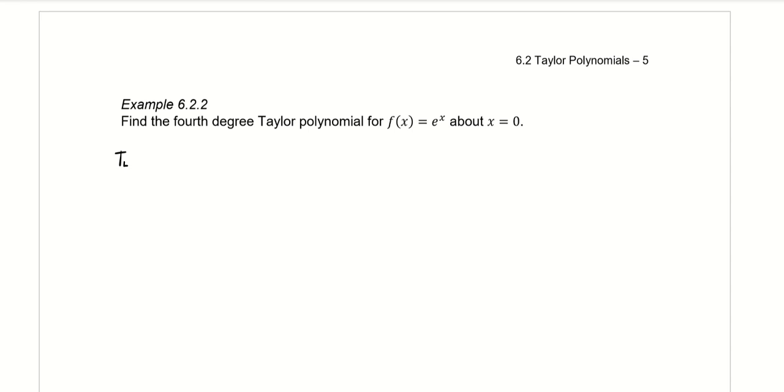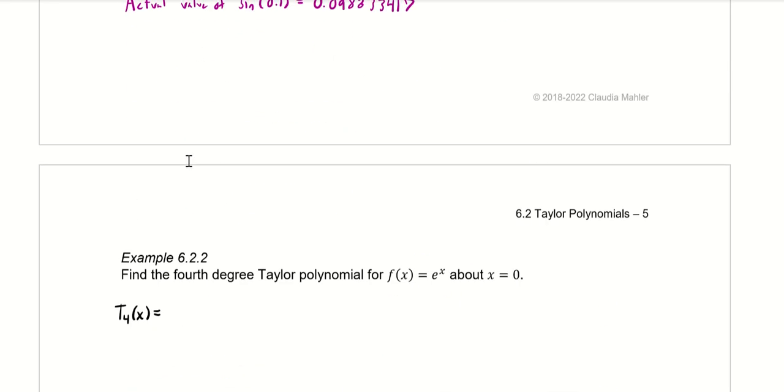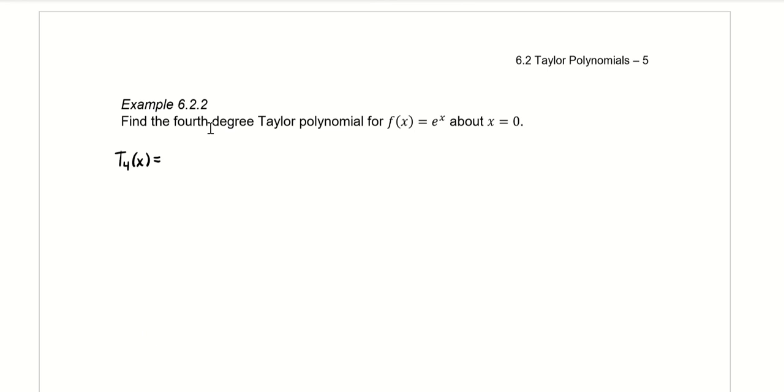Again, first thing I'm going to do is write down my pattern, and I'm going to note that this is the same structure as my third degree, except I'm going to have one more piece of my sum, where I'm dealing with the fourth derivative, 4 factorial, x minus a to the fourth, because I'm finding the fourth degree polynomial. So let's write down this pattern again.